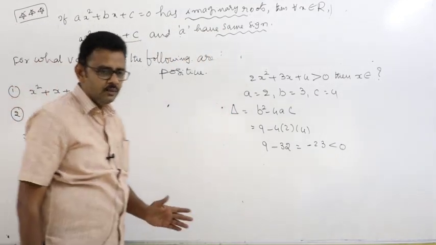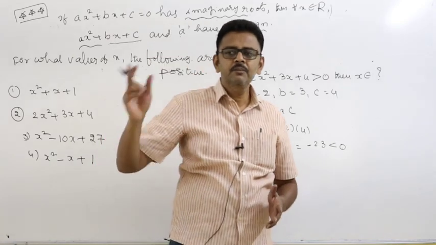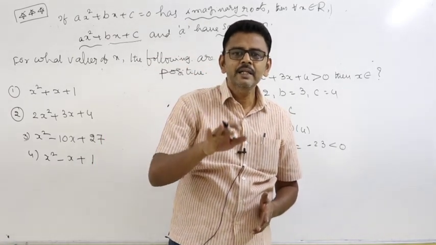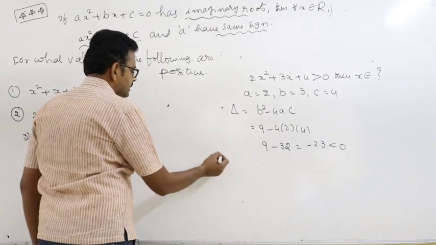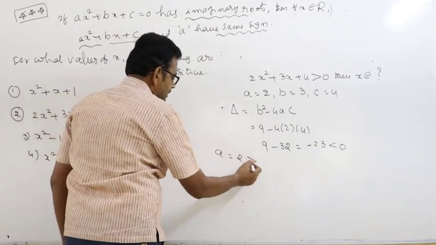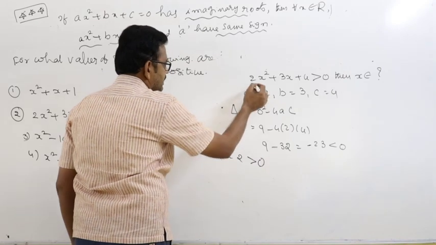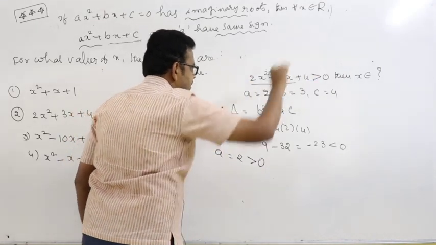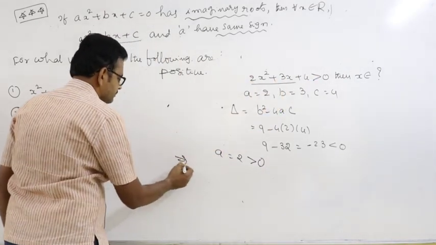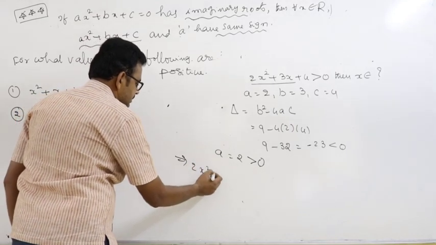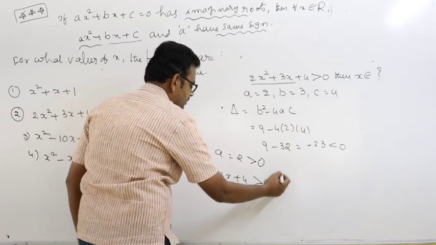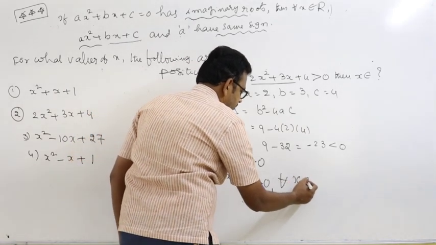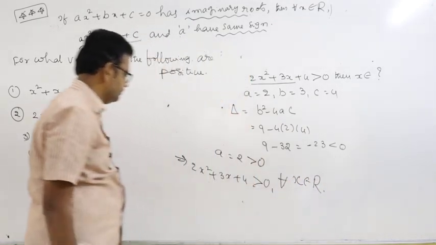If delta is less than 0, the expression is completely positive or completely negative. And what is a? A is equal to 2, greater than 0. A positive, therefore this expression is positive for all x, which implies 2x square plus 3x plus 4 is greater than 0 for all real values of x.